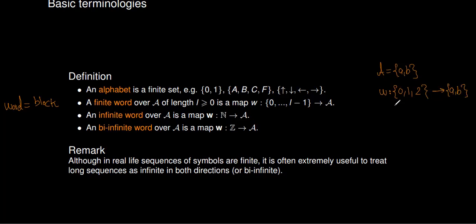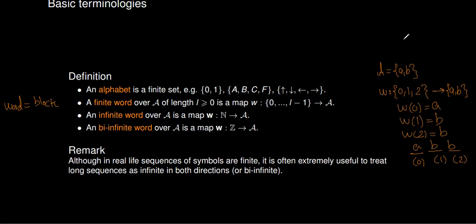But what is the relation of our function? It would be like this. W of 0 would be equal to A. For example, W of 1 would be equal to B, and W of 2 would be equal to, for example, again B. It means in position 0, in position 1, in position 2, you need to put A, B, B respectively.